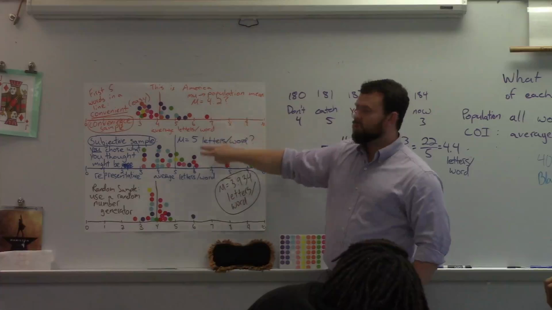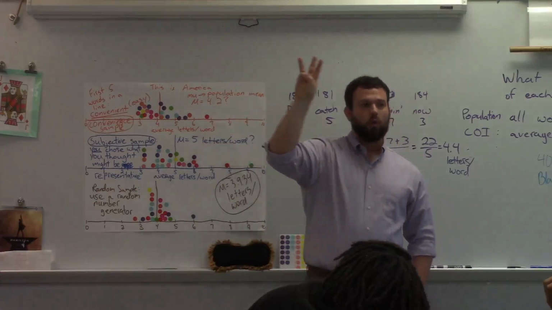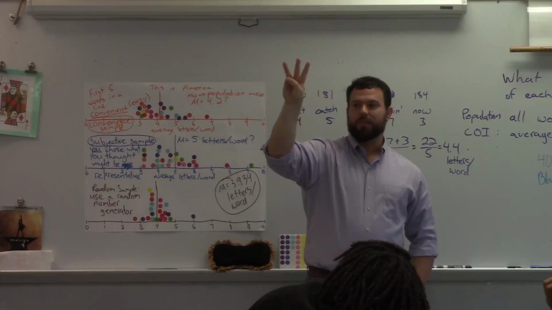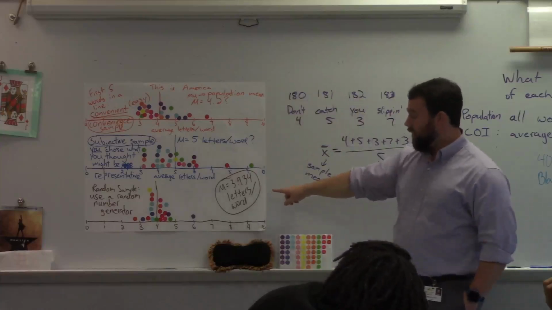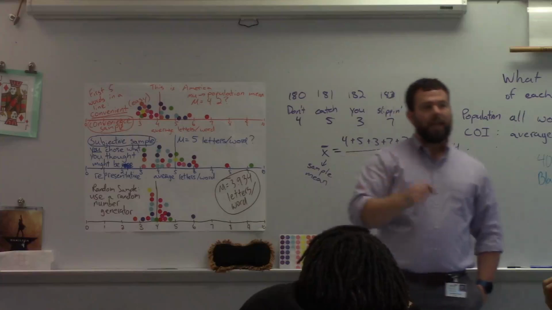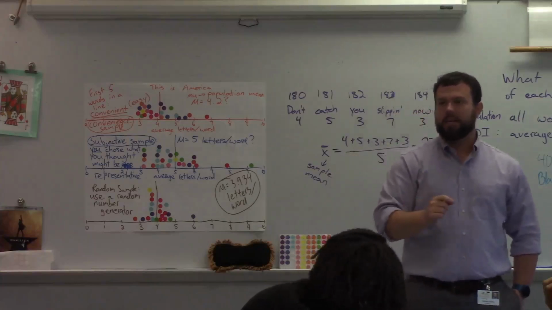Convenience samples, subjective samples, and volunteer samples are always going to be biased. So do we want to use those type of samples? No. But look at your random. It's not perfect, but is that pretty darn close? Yeah. Because random samples are unbiased. Let me say that again.